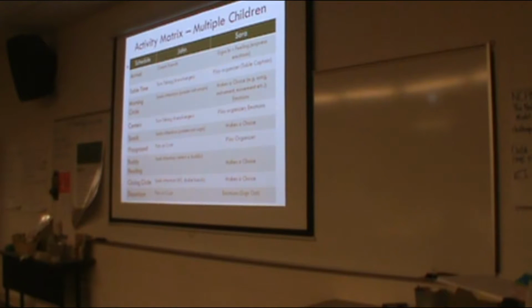What would an activity matrix look like in a home-based setting? Would it be good for an inclusive home-based setting? I think it would work, because you can use it at home. I think it works really well in a home-based setting just because so many home-based settings have children of different ages.